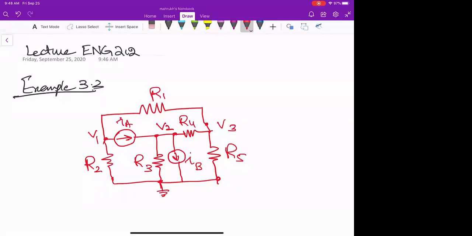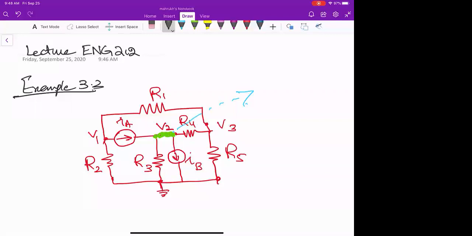So how many nodes do we have? Just a question. What's V2 assigned to? Yeah, I was also asking. That's a good question actually. So I wrote V2 like this, right? And I can write it like that too.